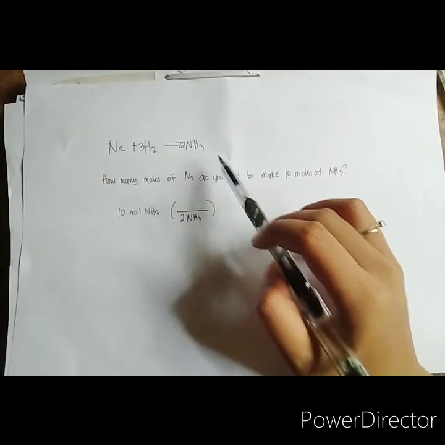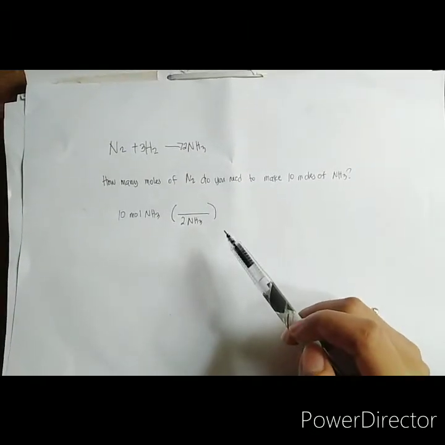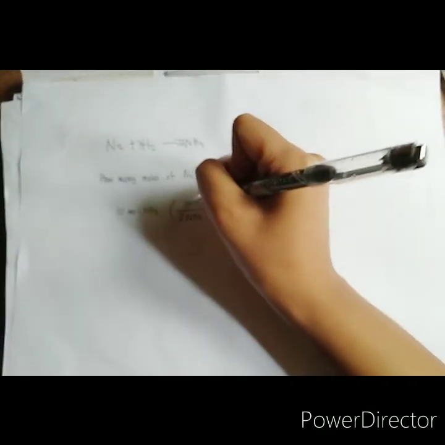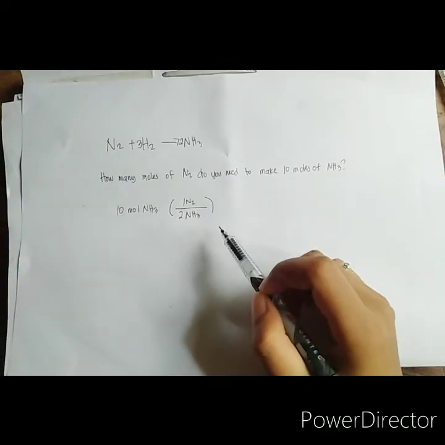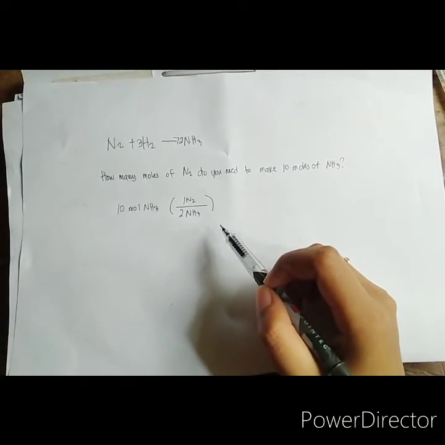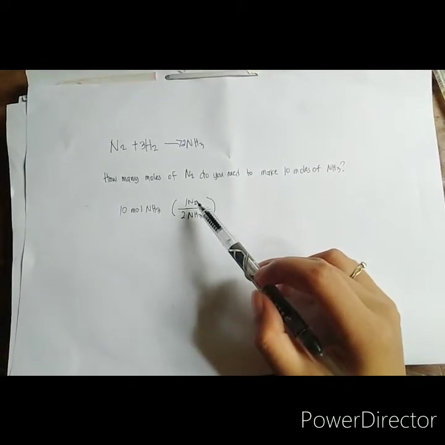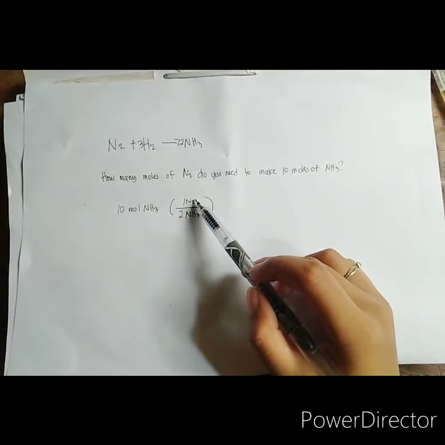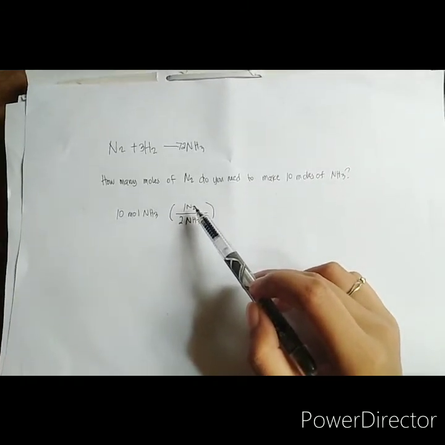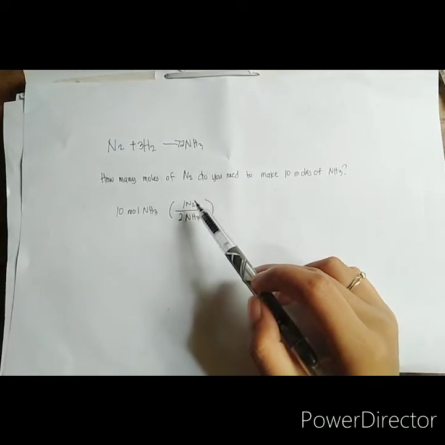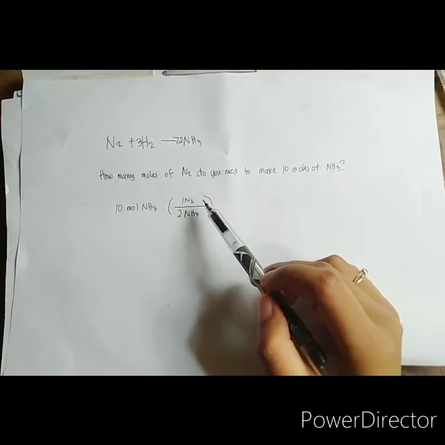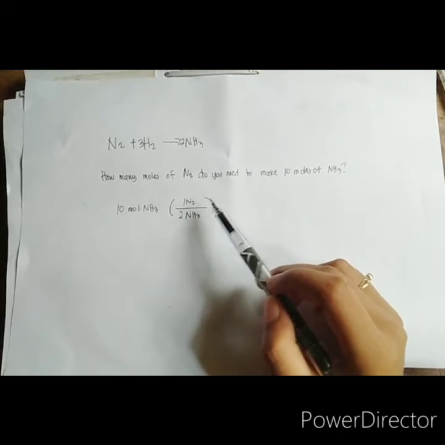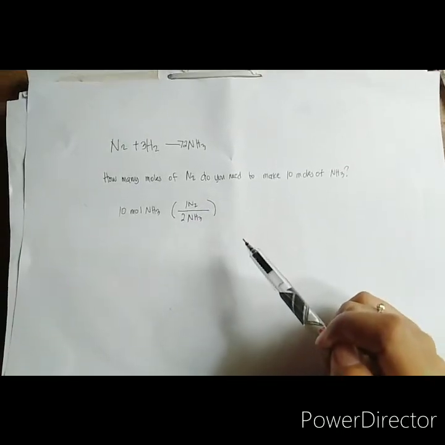Because we are solving for nitrogen, we put 1 and 2 at the top. This 1 and 2 also comes from the balanced reaction. Remember, if no number is written in front of a chemical, that means the coefficient is 1.